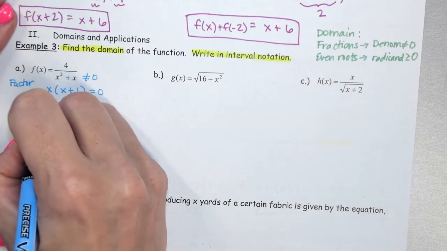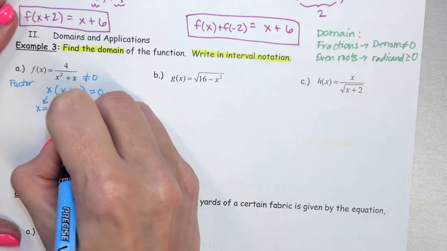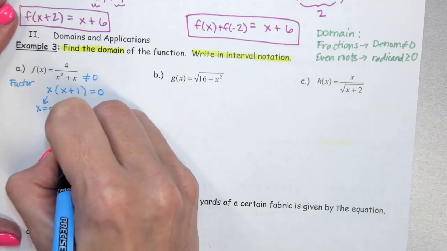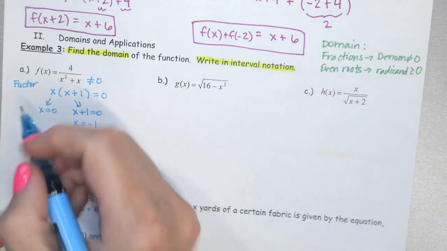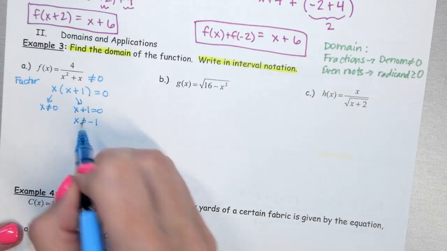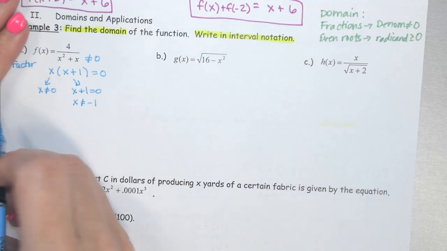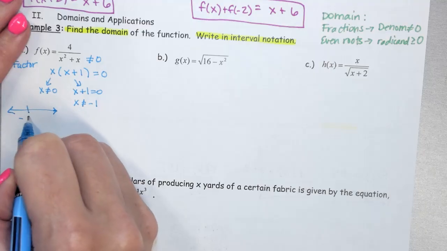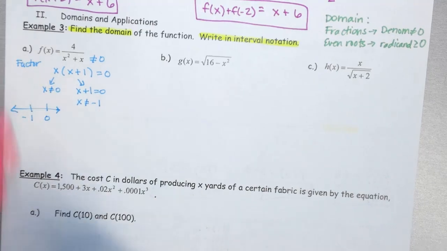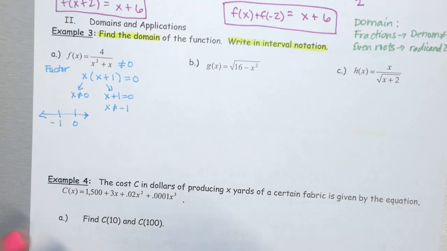So here you have x equal to 0. Here, if you had x plus 1 equals 0, you would get x equals negative 1. These are going to be the two values that x cannot equal. It can't be 0, it can't be negative 1. When you're setting this up in interval notation, you don't have to do the number line, but if you've been having some trouble setting them up, I do think it's helpful so you can see your intervals.